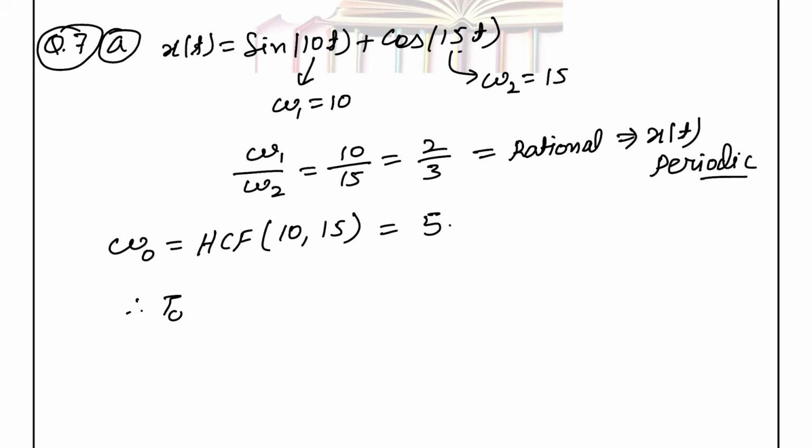Therefore, the fundamental time period T naught will be 2 pi by omega naught, that is 2 pi by 5. So, 2 pi by 5 will be the time period.